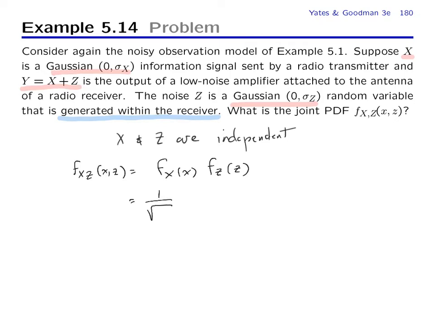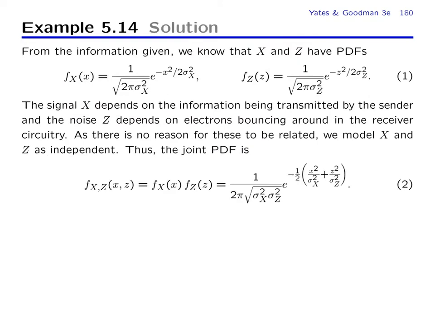This is 1 over square root 2 pi sigma x, e to the minus x squared over 2 sigma x squared, times 1 over square root 2 pi sigma z squared, e to the minus z squared over 2 sigma z squared. Okay, and this slide just repeats what we just derived.